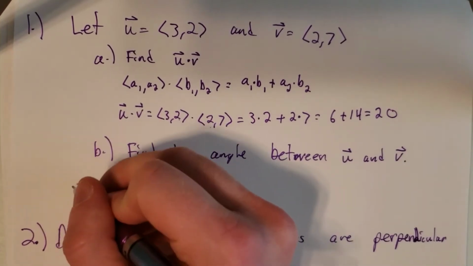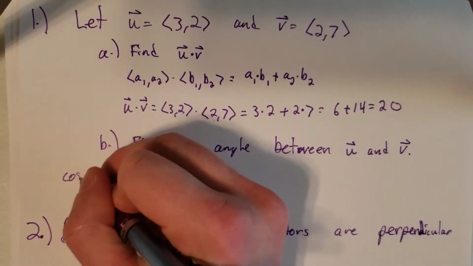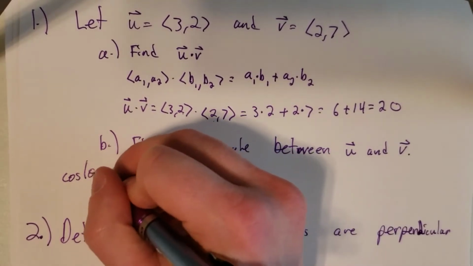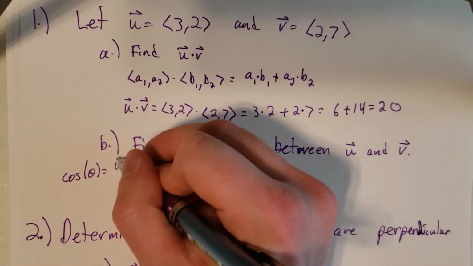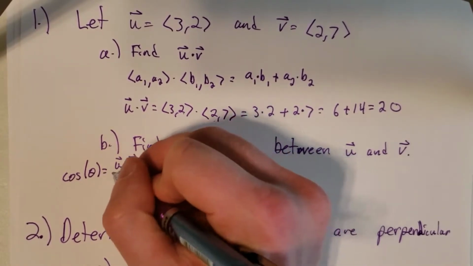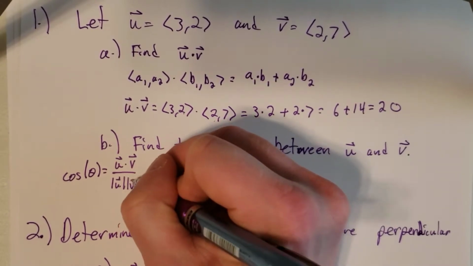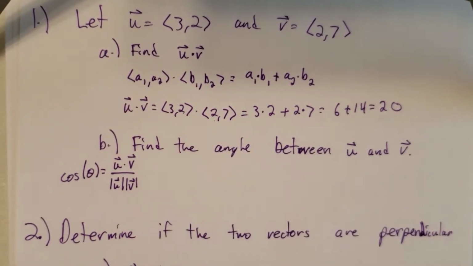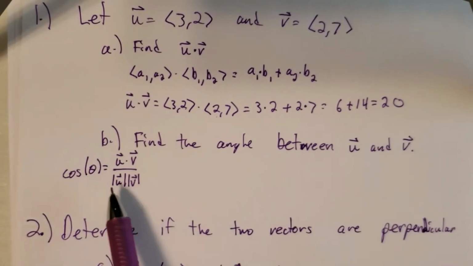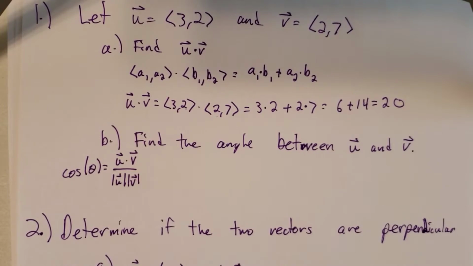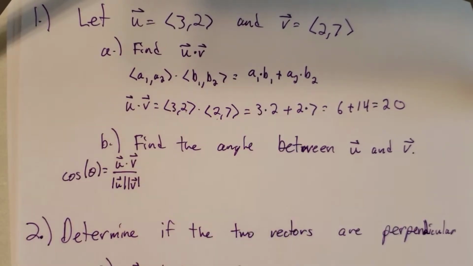Cosine of theta is equal to u dotted with v, all over the magnitude of u times the magnitude of v. So this gives us a nice way of finding the angle between two vectors by using the dot product that we just did in the first example.